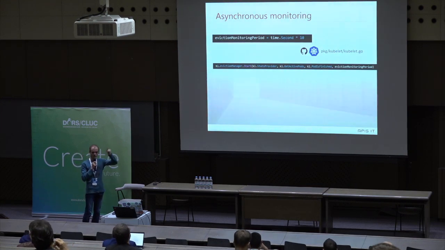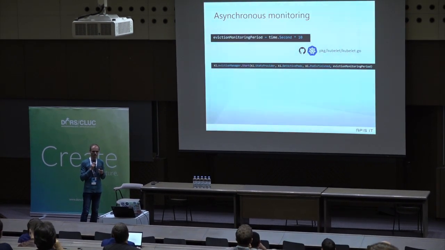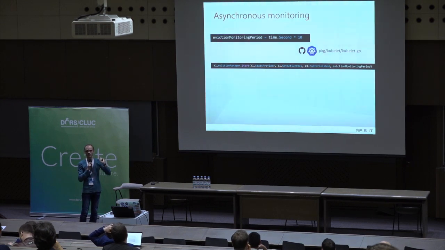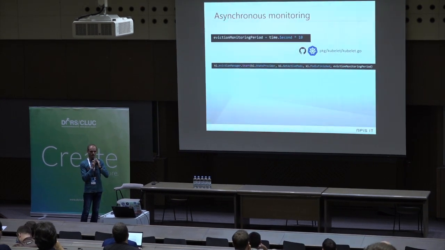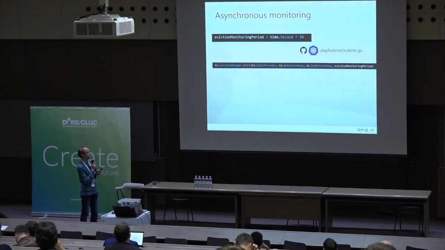So every 10 seconds it's checking: was the limit passed, was the limit passed, was the limit passed. And the memory usage can rise pretty high, and we don't want to end up, within those 10 seconds, losing all workloads from the worker.